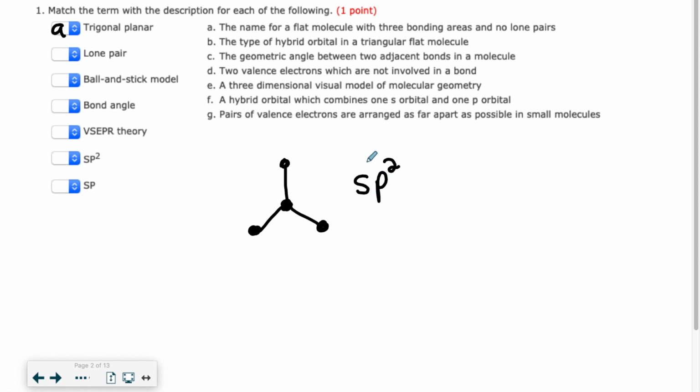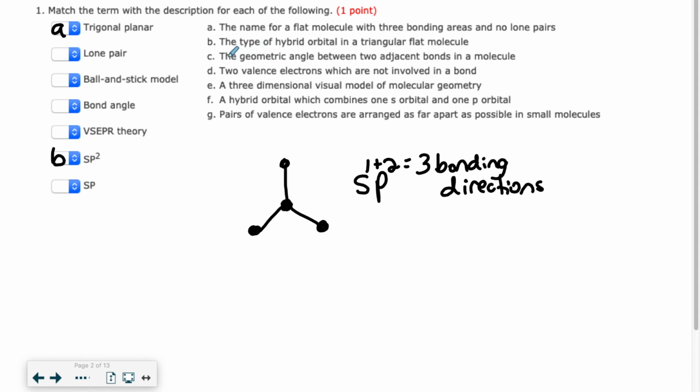The trick to this is if you add the 1 s orbital plus the 2 p orbitals, that equals 3 potential bonding directions. All right, so we are looking for sp2 hybridization, which is down here.